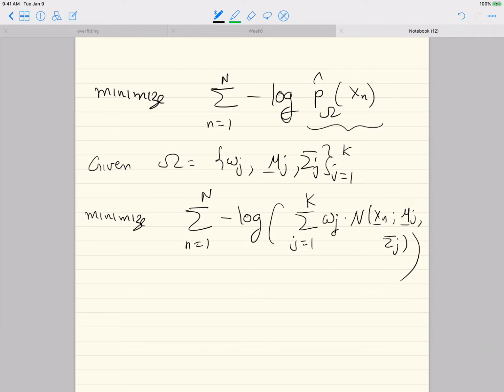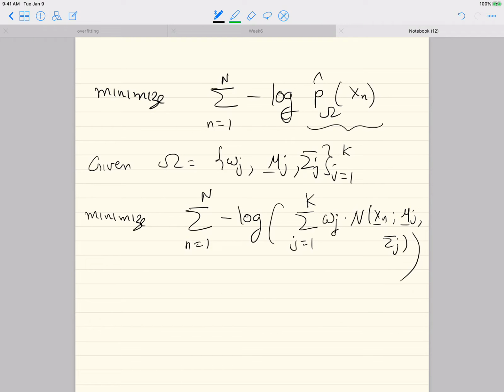There are questions you should ask now. So now the point is, this is a well-defined loss function, right? You give me wj, mu j, sigma j, and this depends on wj, mu j, sigma j, and the location of the points x1, x2 up to xn.